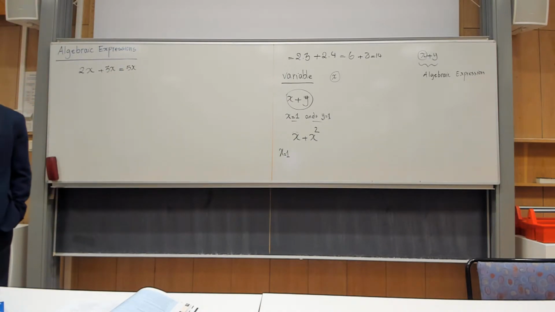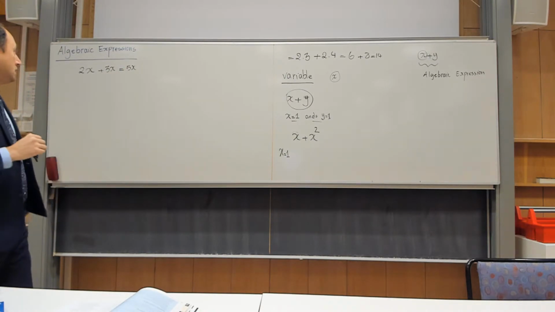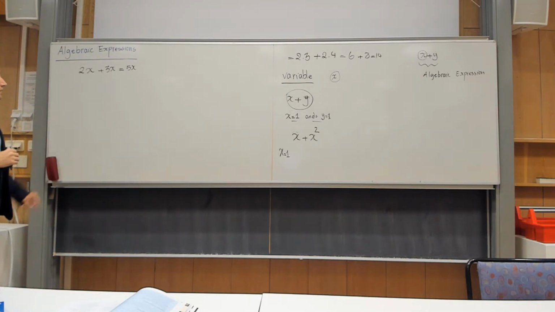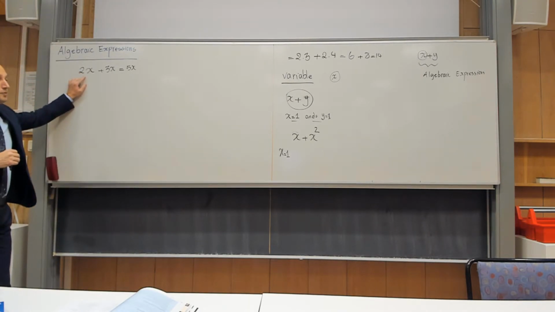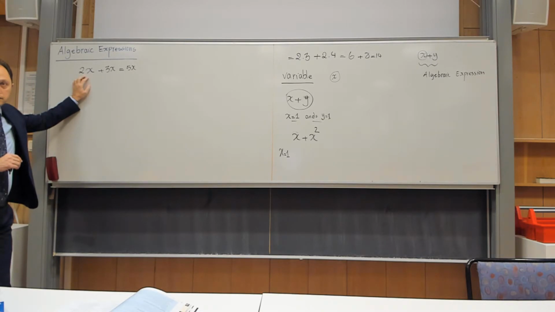Why is this? Can you tell me which property is involved here? This is deeper understanding. Yes, Simon? 2x and 3x can be rewritten, so 2x is equal to x plus x, and 3x is equal to x plus x plus x. That is correct, but simpler than that.